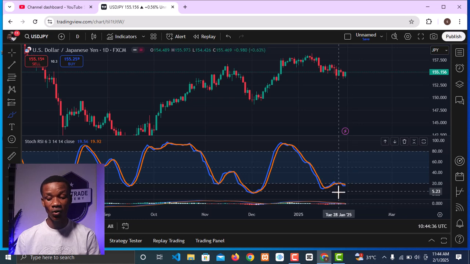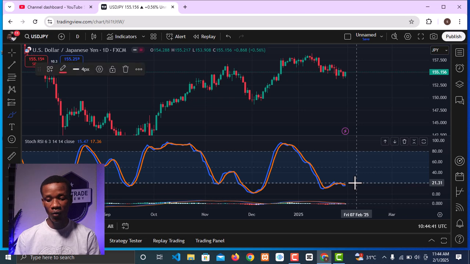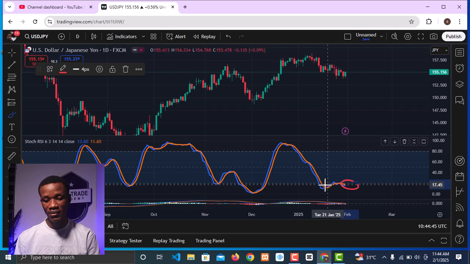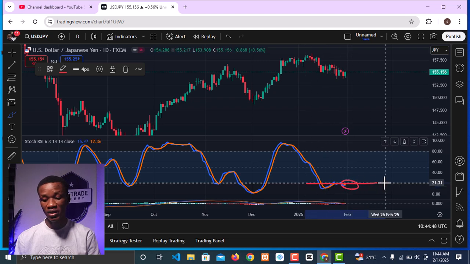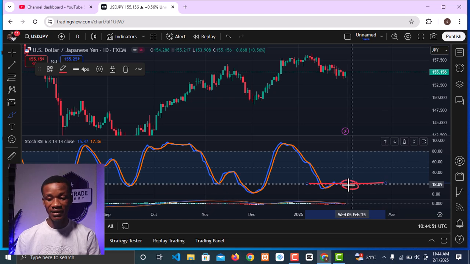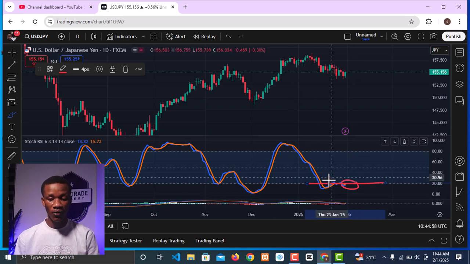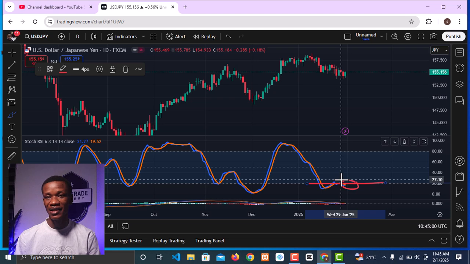That is, the indicator comes out of oversold condition with the blue line over the orange line, crossing the 20% line right here. Once that happens, it is a trigger for our strategy, and this is very important. This is another thing you need to pay attention to on this strategy as well. So from this, we can say that the market now has the capability of moving upward.